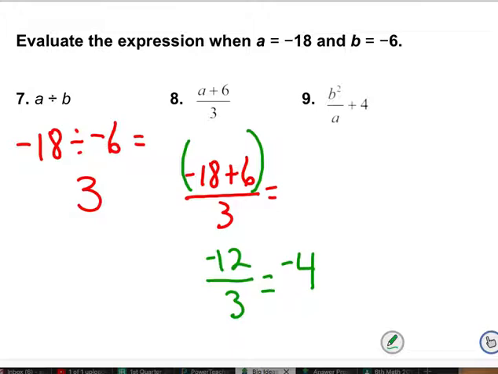All right. This says b squared divided by a plus 4.